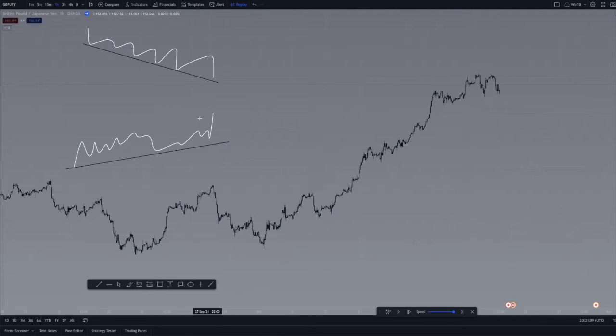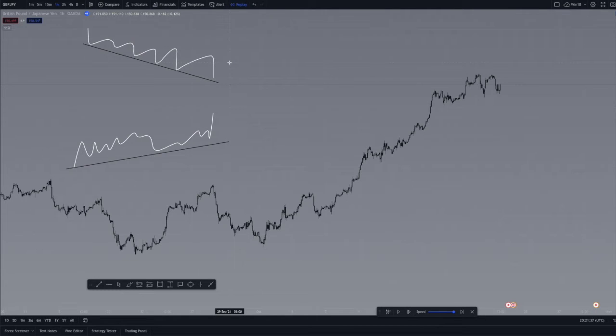And just as a quick tip, divergence doesn't necessarily mean that because we now have bullish divergence, price is going to suddenly skyrocket and go up. No, that's not what divergence means. Divergence just means that price is likely to change. It doesn't have to, but it is likely.